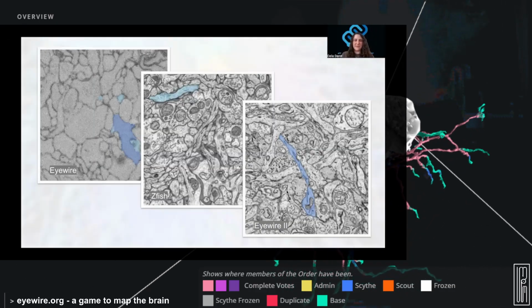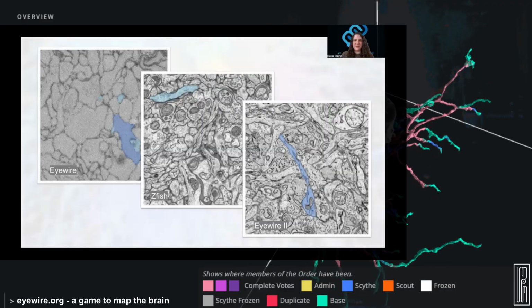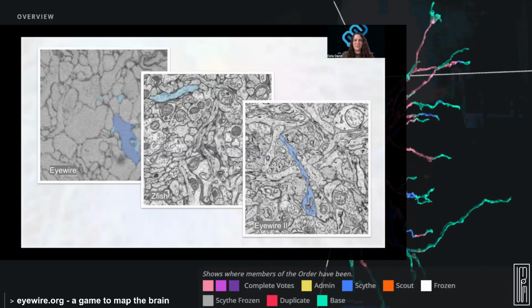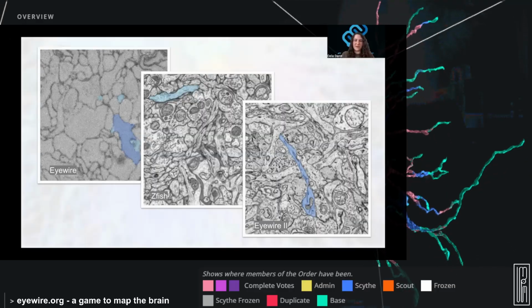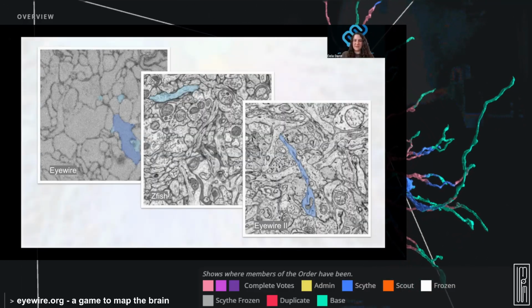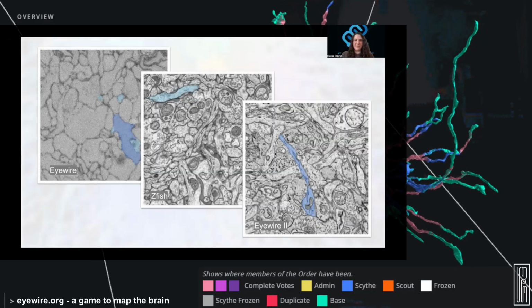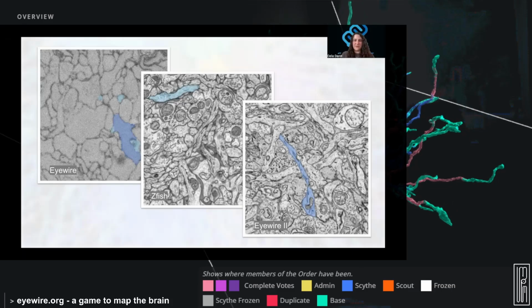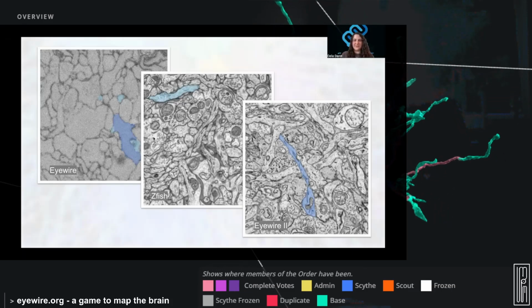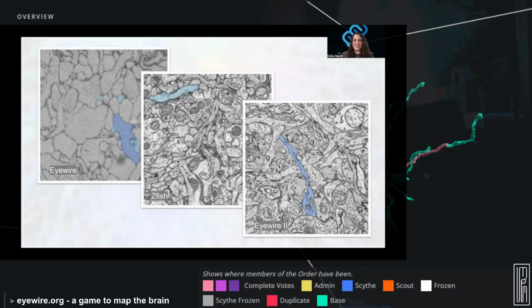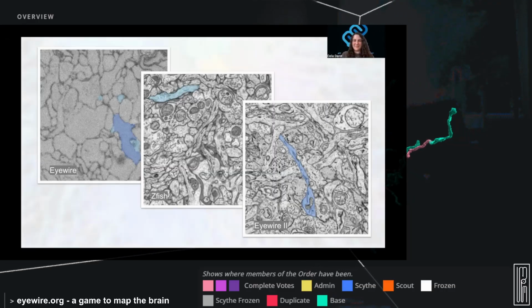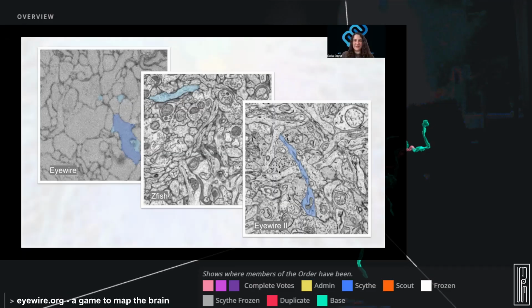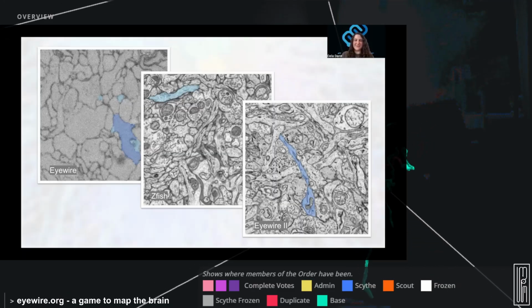You can see the synapses clearly in this data set. So that's a big improvement and also has a lot of scientific benefit that we're able to get out of EyeWire 2. So I think it's pretty cool to see the transformation of the EM over data sets. But that's just me.